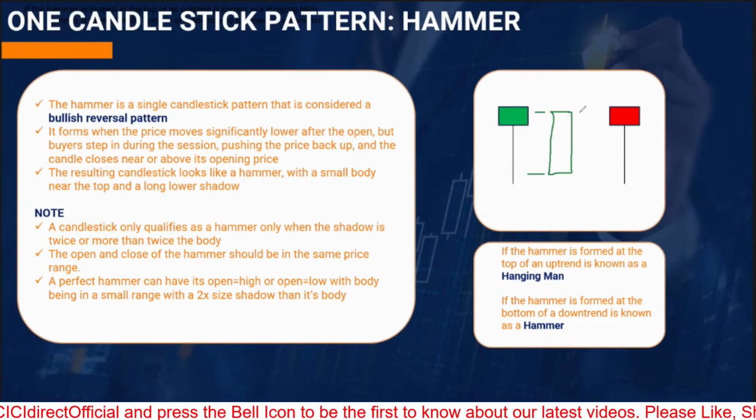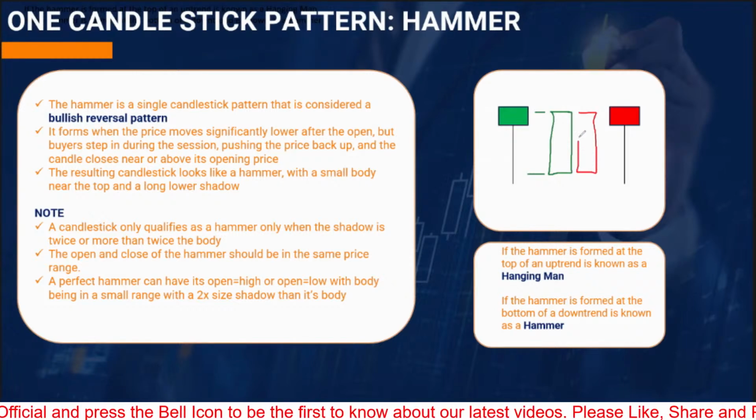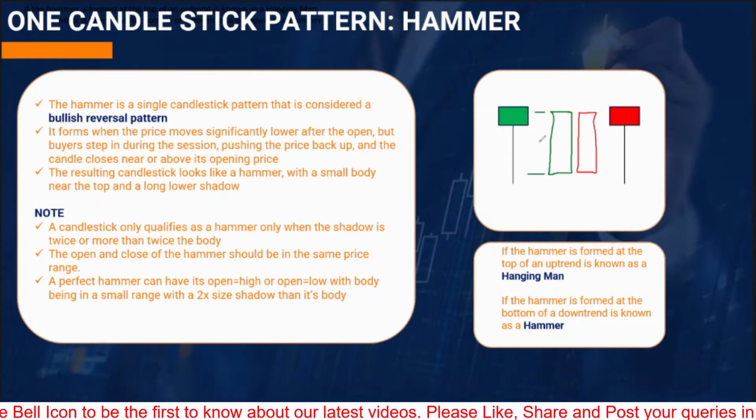In a red marubozu candle, your open price will be your high price and your close price will be your low price. So candles which do not have wicks or shadows are known as marubozu candles, where open and low are the same and high and close are the same for a green candle, and open and high and low and close are the same for a red candle.